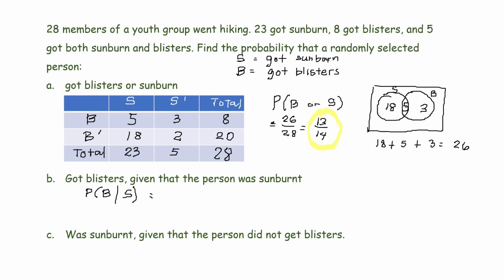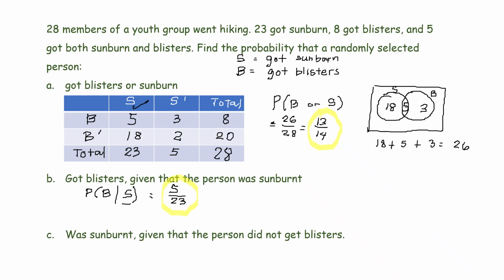Okay, so for this S, look at the total of S here. That's 23, so that's your denominator. And from that column, of course, we see that there are 5 who got blisters. So let's write 5 here. So that's our answer. Okay.